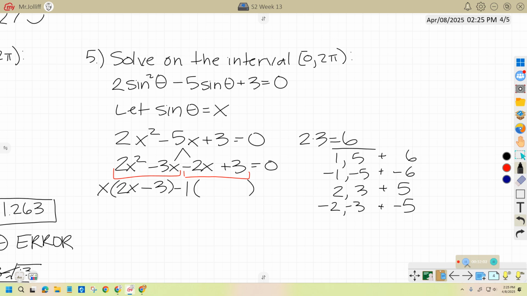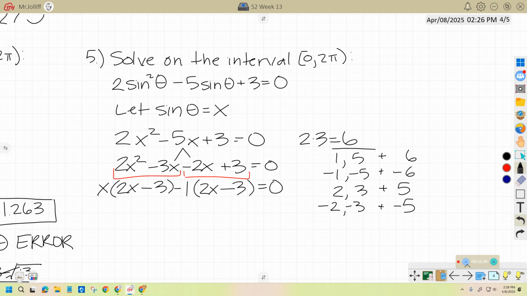If I divide negative 2x by negative 1, I get positive 2x. If I divide positive 3 by negative 1, I get negative 3. And if we did this correctly, and we did, those binomials should be the same binomial, 2x minus 3, 2x minus 3.